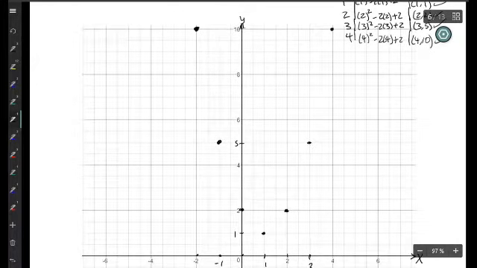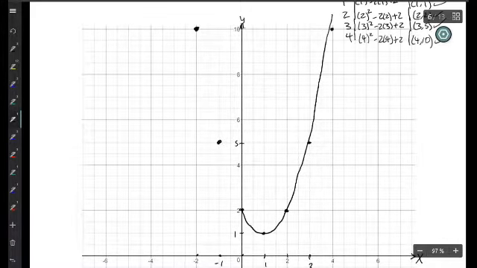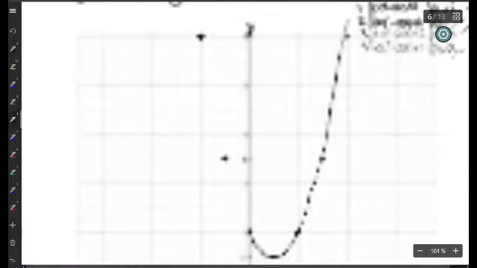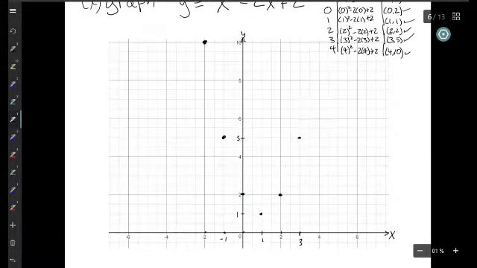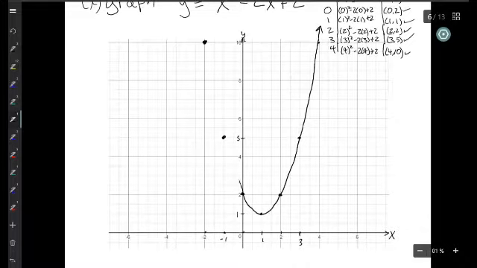Alright, and then if you look at this, if we were to graph more points, we would see that it curves like a U shape. Like so. I kind of fudged it there. I'll draw it again. Alright, going this way.